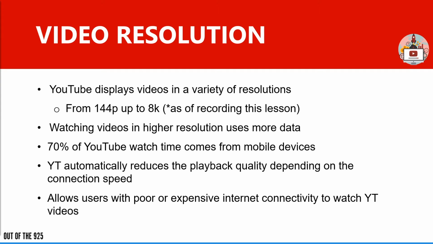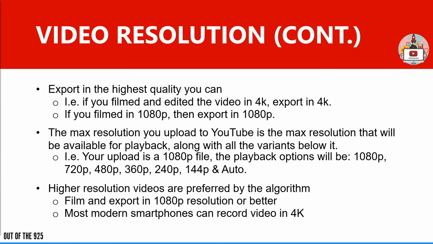So YouTube still wants to keep people on the platform, and by offering videos which don't have as much data as a 4K video, they're allowing people with expensive or slow internet connectivity to watch more YouTube videos.